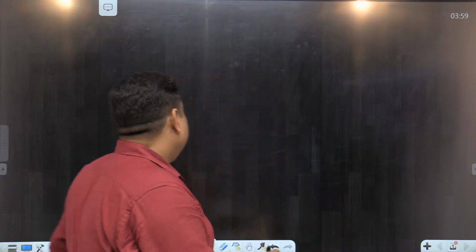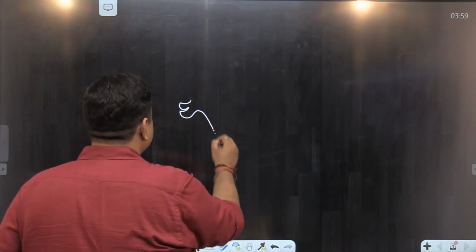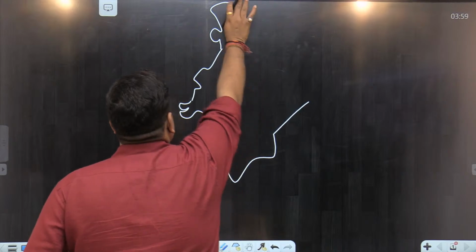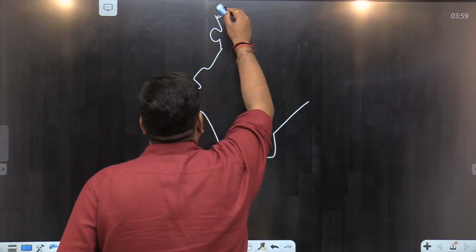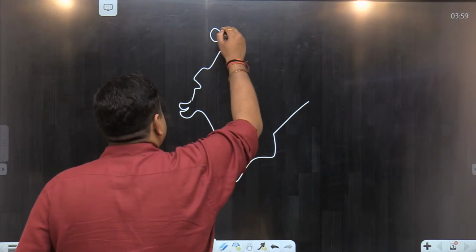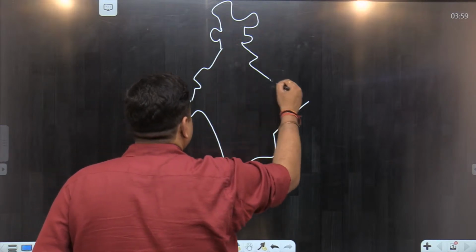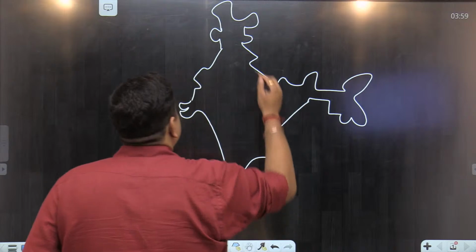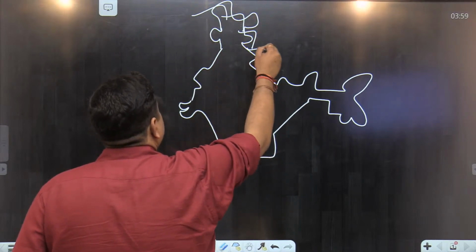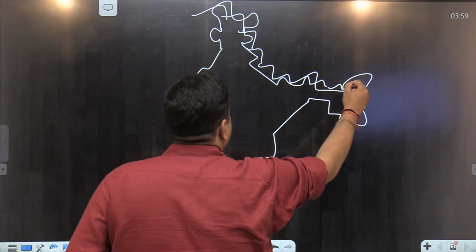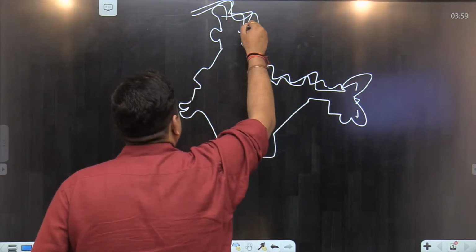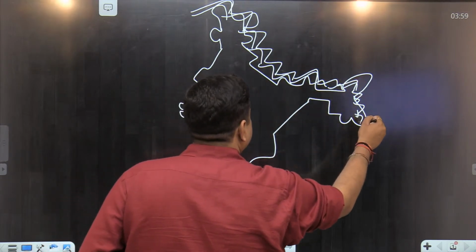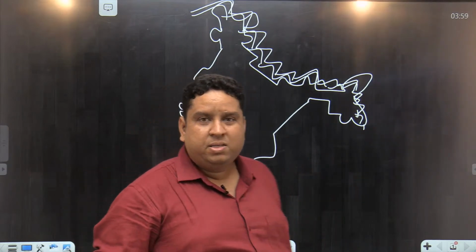So basically, if you observe the map of India, on the northern side we have the presence of these mighty Himalayas, and these Himalayas are acting as a natural barrier against our neighboring countries.